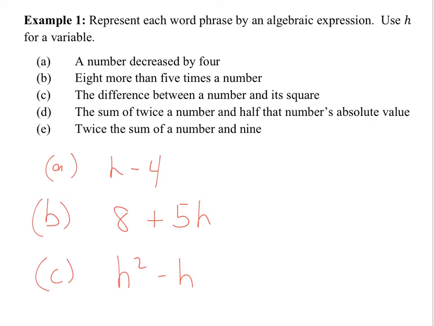Okay, the difference, so we start with the subtraction symbol, between a number and its square. Now, technically speaking, the order of this is not obvious. The difference between a number and its square. What matters is which of those numbers is bigger in this case.